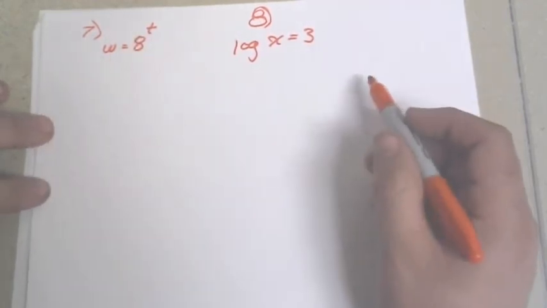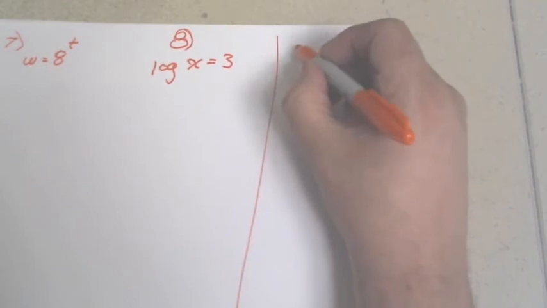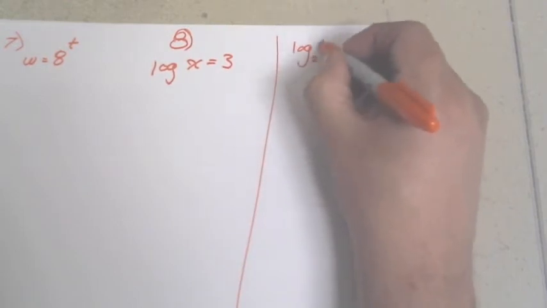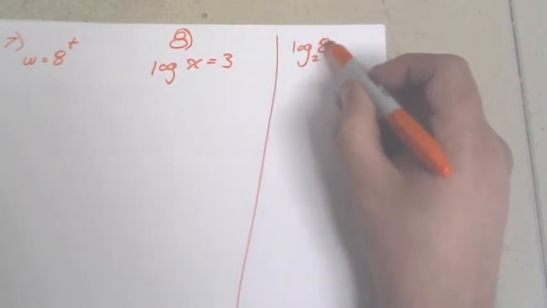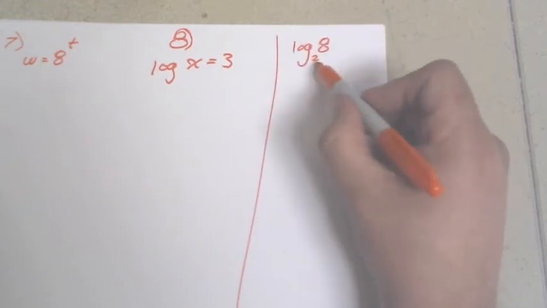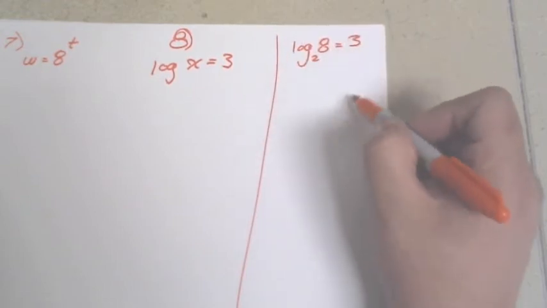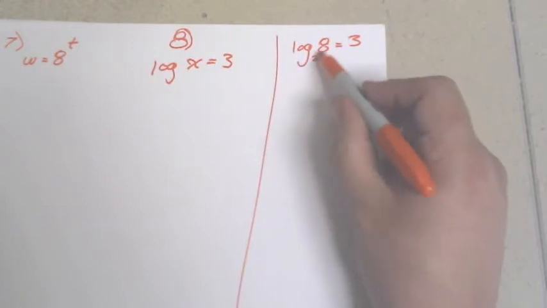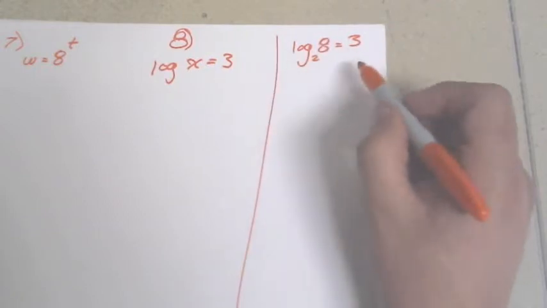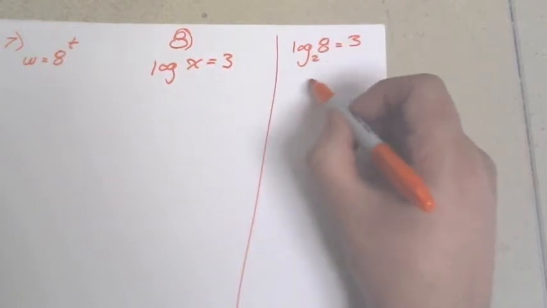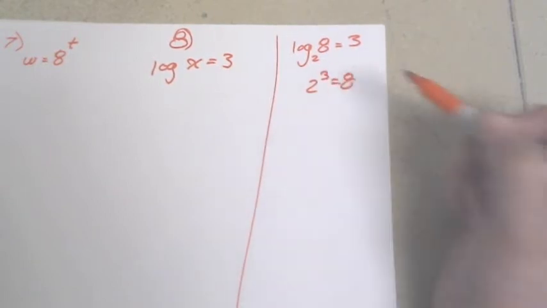Anytime you see any logarithmic expression, even something as nice as log base 2 of 8, it asks an exponential question: 2 to what power makes 8? Well, 2 to the 3rd power makes 8. Log base 2 of 8 equals 3. Fundamental statement, because 2 to the 3rd equals 8.